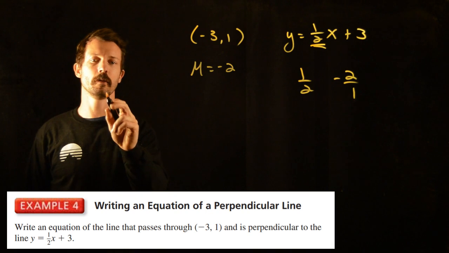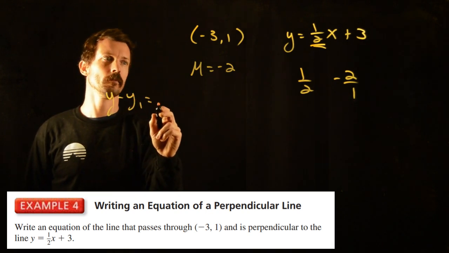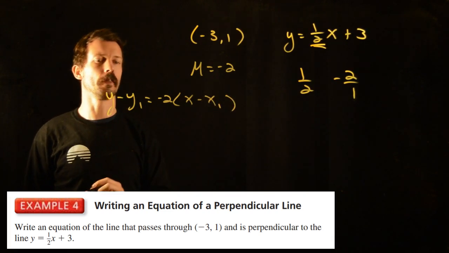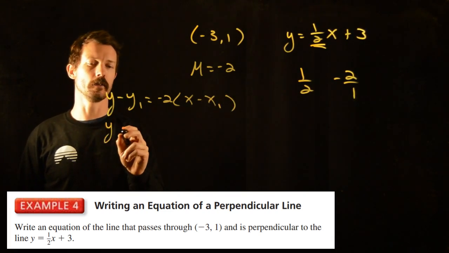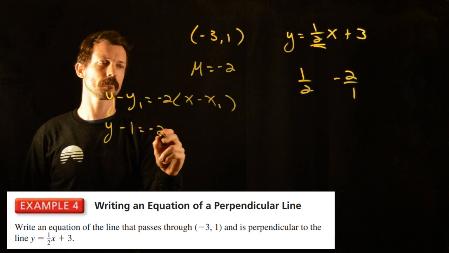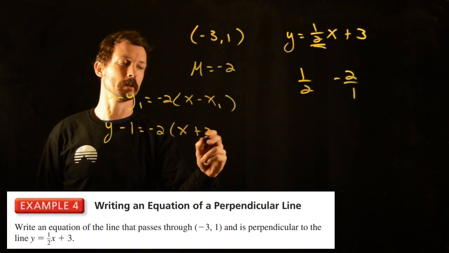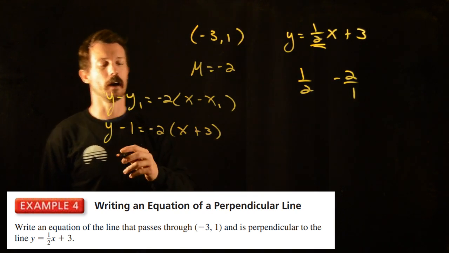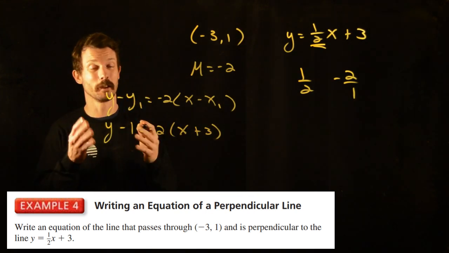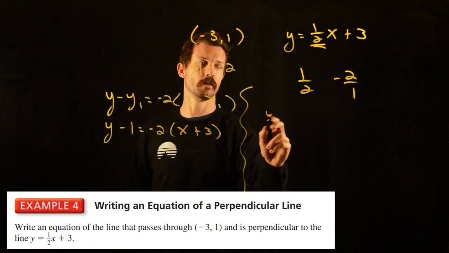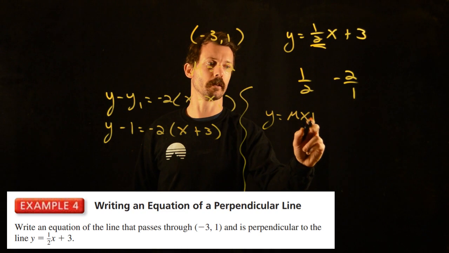All right, so now you can do it 2 different ways that we talked about. You can use point slope form, right? You can do it that way. You basically take your values and sub them in. And then this would be x minus negative 3, which really just be plus 3. So you could do it that way. It depends on if I tell you to put in slope-intercept form, you might have to solve this out a little bit more. Or you could use the other method, y equals mx plus b.